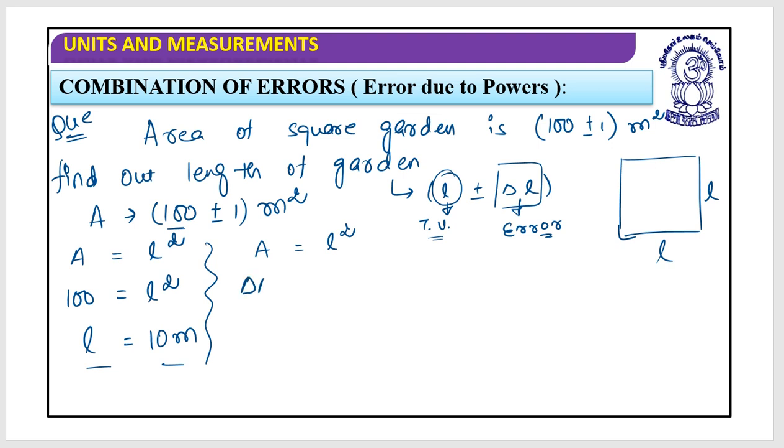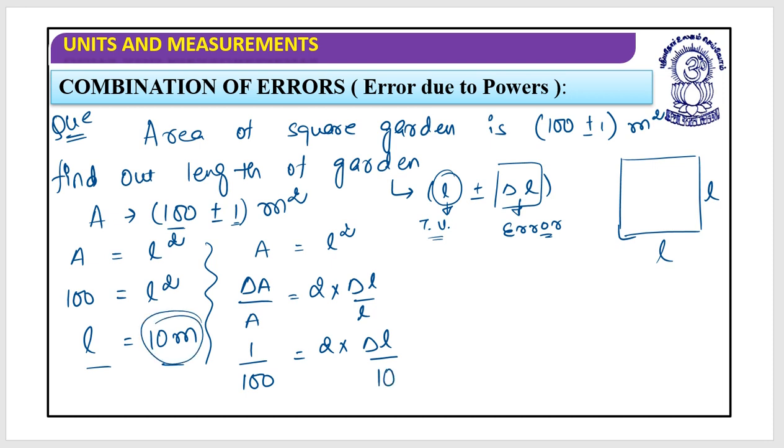It would be delta A by A, which should be equal to twice of delta L by L. Now what is delta A? This is 1. What is the area? It's 100. That should be equal to 2 multiplied by delta L, which is required, and L, which you have calculated, is 10. So 10 tens are 100. So I can write delta L is equal to 1 by 20 meter.